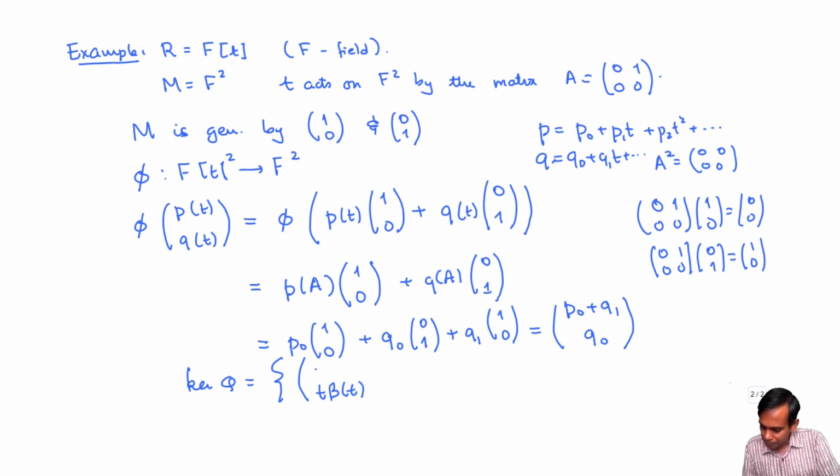So I can write p as minus beta(t) plus t times any other polynomial alpha(t), as long as I have these constraints, these things will be 0, where alpha(t) and beta(t) are in F[T].